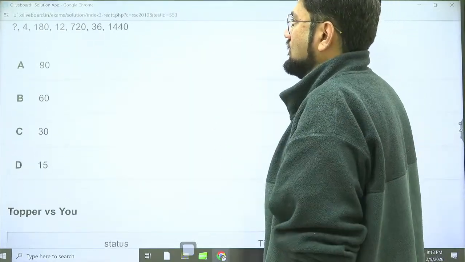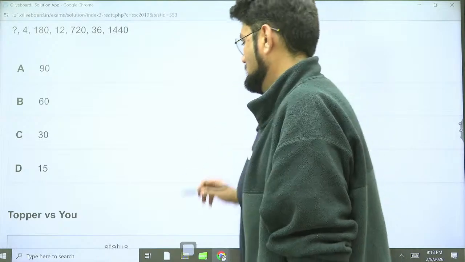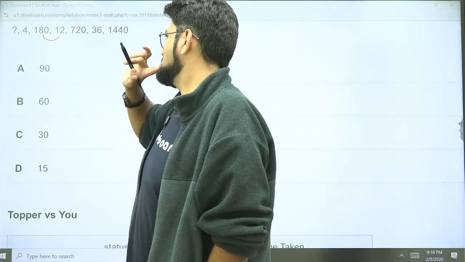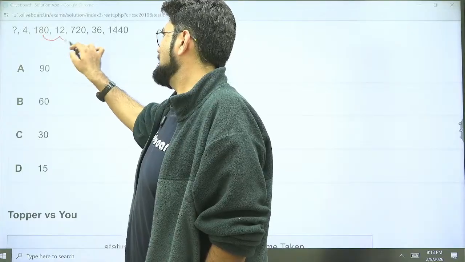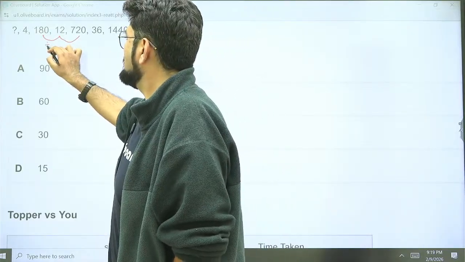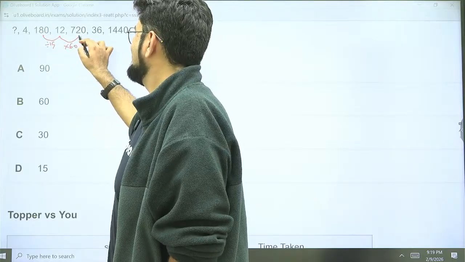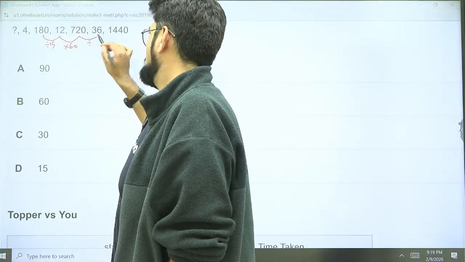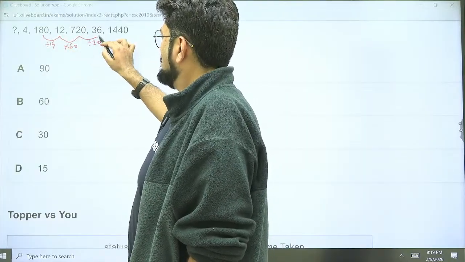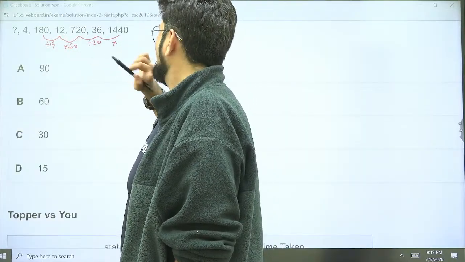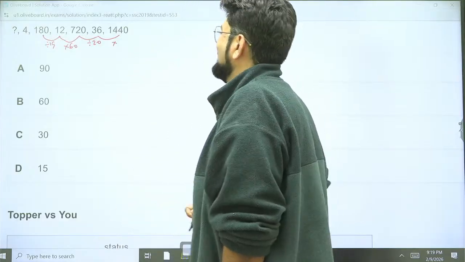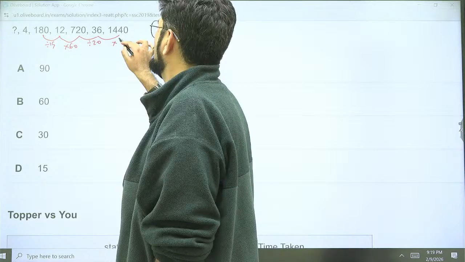Okay. What exactly is happening here? If you see 180 and 12, this is 15 divided by 15. But this is multiplied by 60. Divide by 15, multiply by 60. Divide by 20. It's making sense. Multiply by 36 and 144 into 4, right? Yeah, so this is 40.